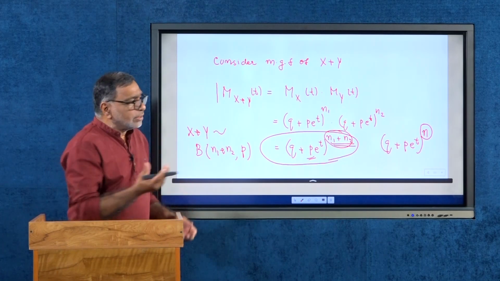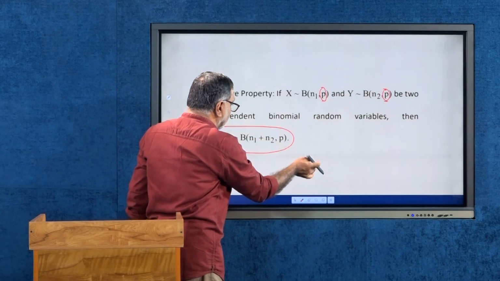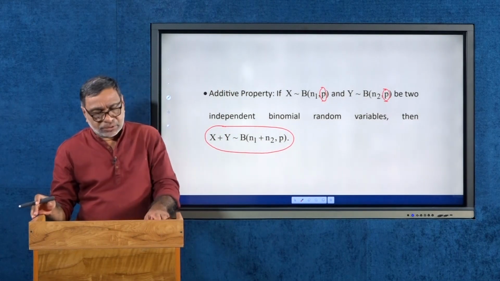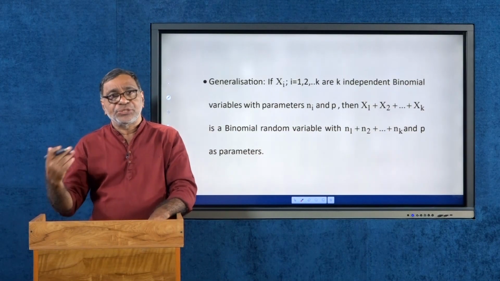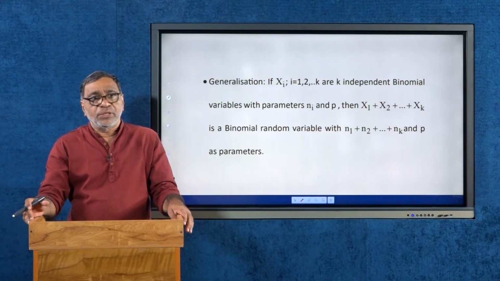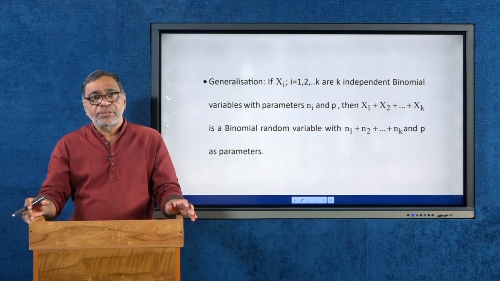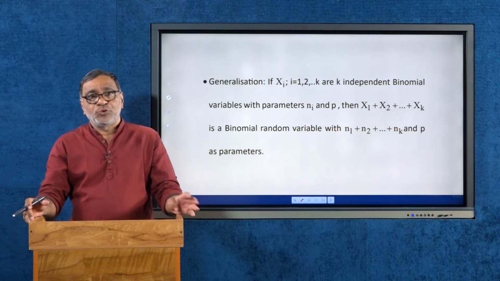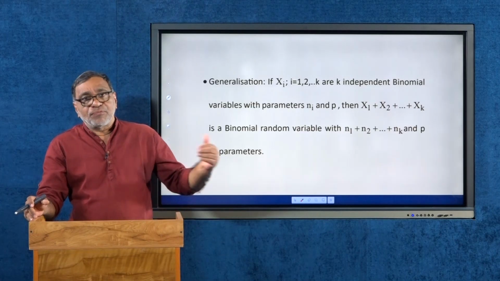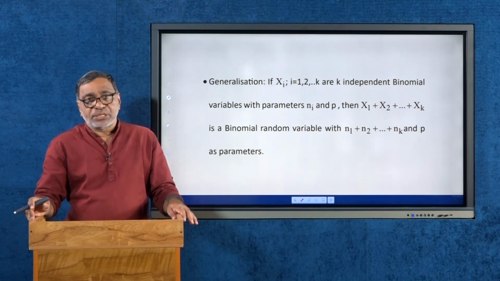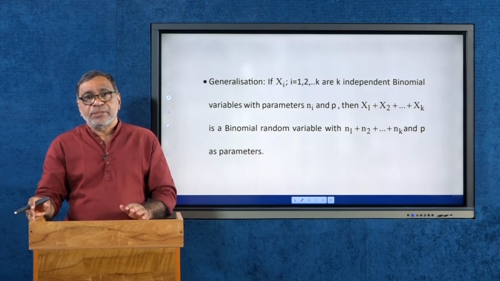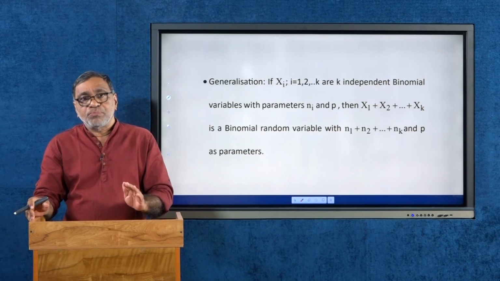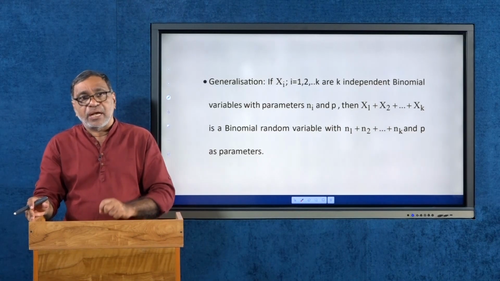And you can generalize this property for independent random variables. Instead of taking two binomial random variables, we are considering k independent binomial random variables with the parameters n1 p, n2 p, n3 p, etc. up to nk p. Then the sum of the random variables x1 plus x2 plus etc. up to xk is again a binomial random variable with the parameters n1 plus n2 plus etc. up to nk and p.